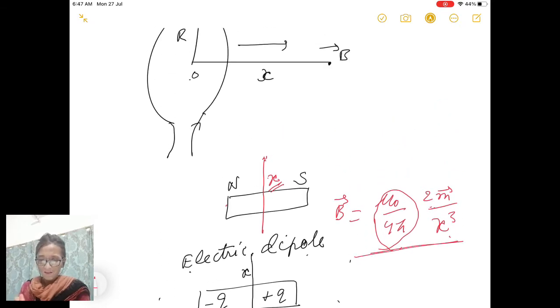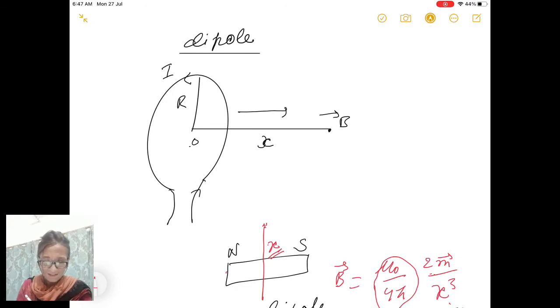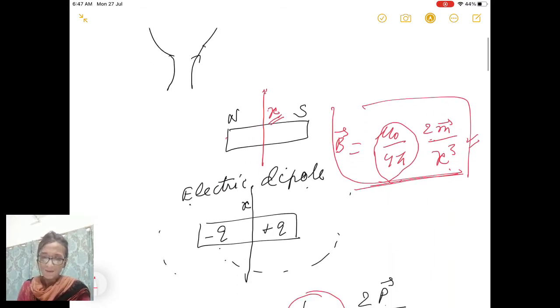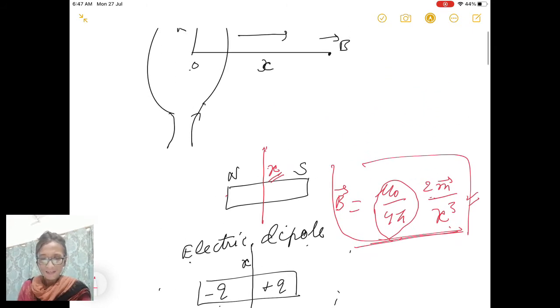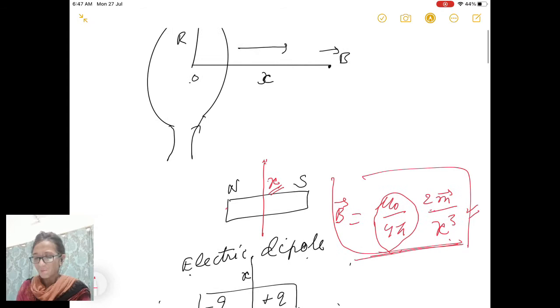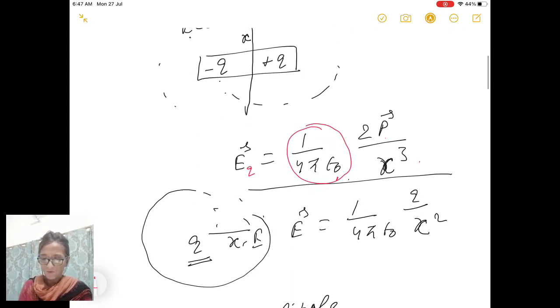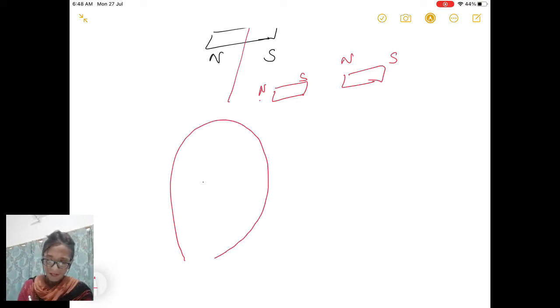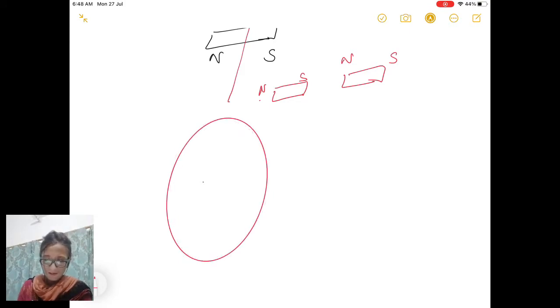You will come to the conclusion that a single plane current carrying circular loop is also producing the same magnetic field. So let me show you how a single plane current carrying circular loop is producing the same magnetic field. I am taking one circular current carrying loop.